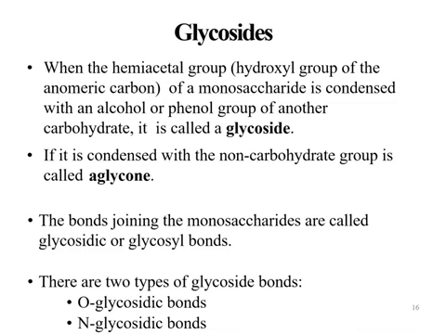As we know, the bond joining the monosaccharides is called a glycosidic or glycosyl bond. There are two types of glycosidic bond. The first one is the O-glycosidic bond and the second one is the N-glycosidic bond. As we already discussed, the carbohydrate can react through its anomeric carbon or carbonyl carbon with another carbohydrate or non-carbohydrate moieties.